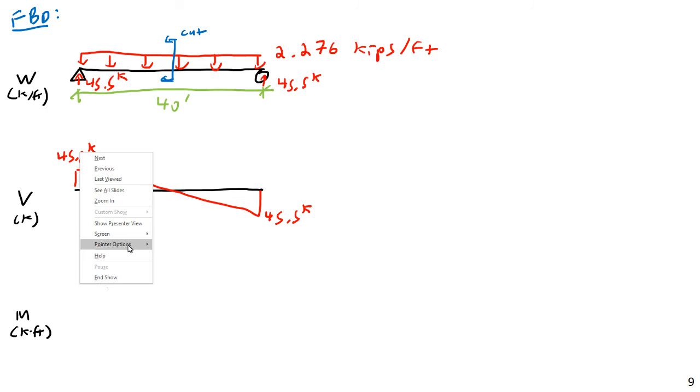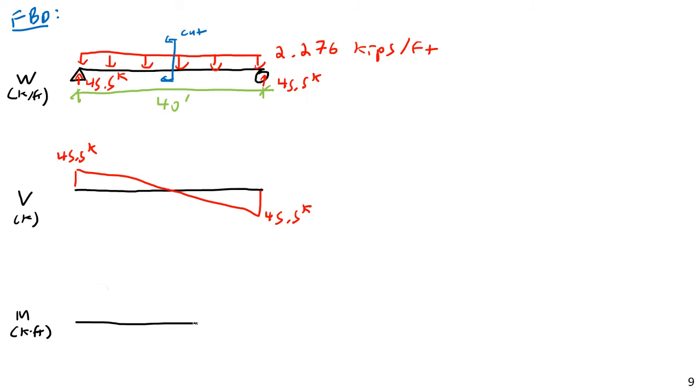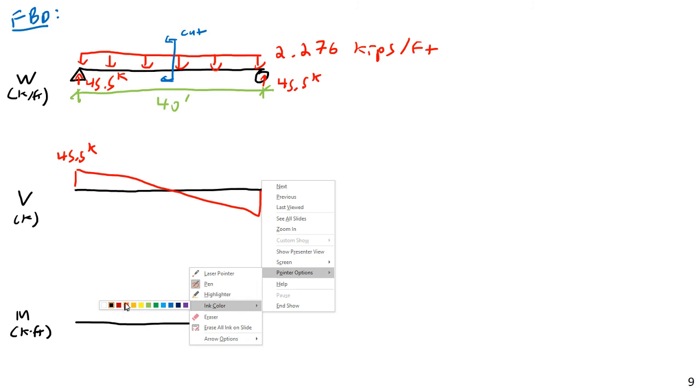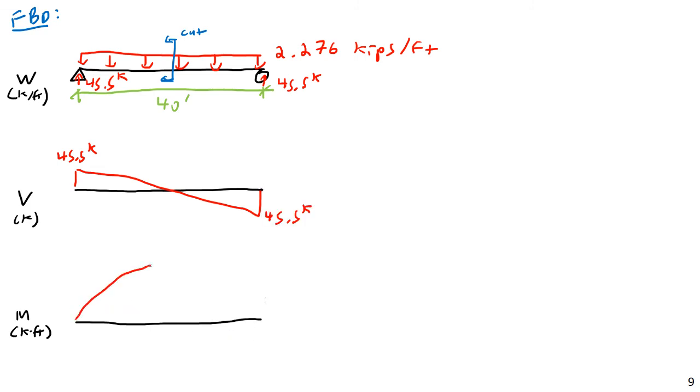Then my moment, well, if my shear is linear, my moment is going to be parabolic. And in the case of a very nice simply supported beam, you're going to have a nice parabolic moment diagram, just like this. And for M ultimate, I remember that for a uniform load on a simply supported beam, the ultimate moment is WL squared over 8, or expressed in the variables we already used, W sub U, ultimate W, times L squared divided by 8.